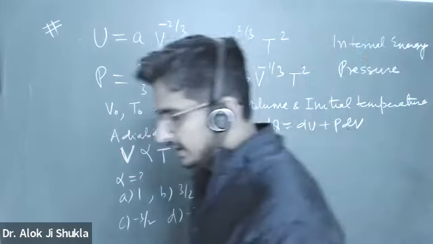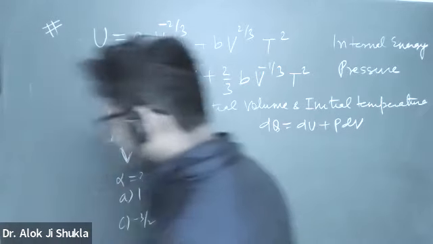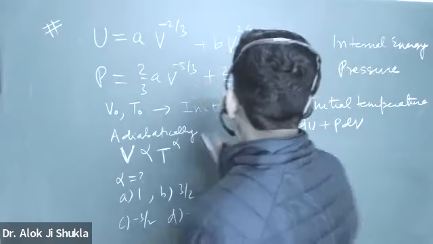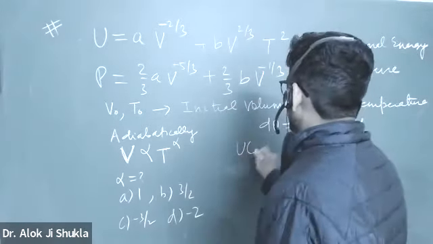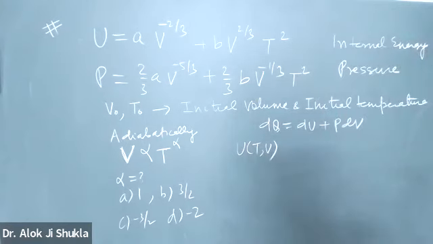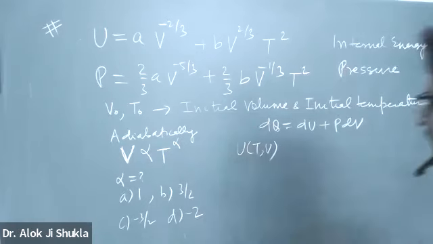So using this, I can write the value of u. U is a function of t and v, right? So we have to write the equation in temperature and volume, only then will we get the expression of v and t.